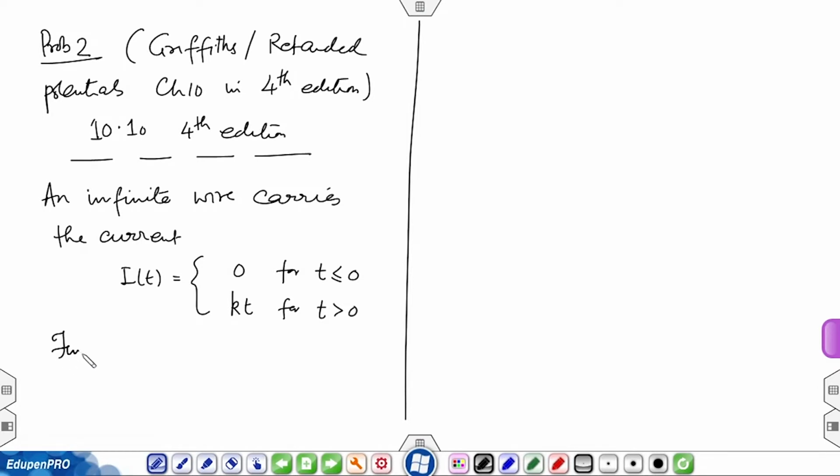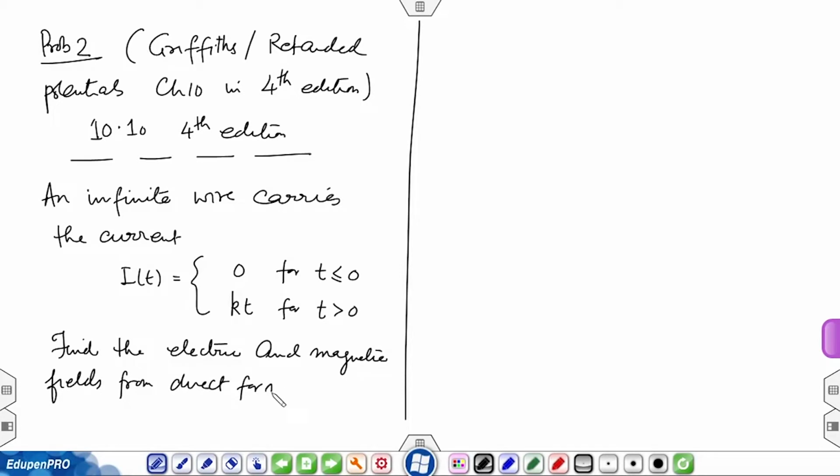Find the electric and magnetic fields from direct formulas. This part I am making up.